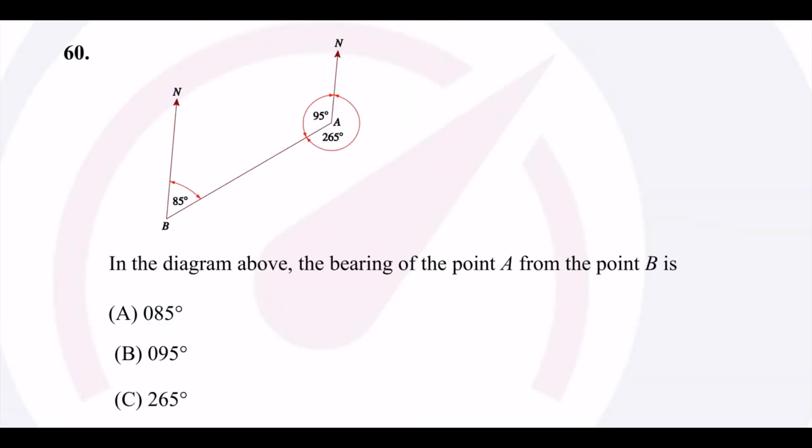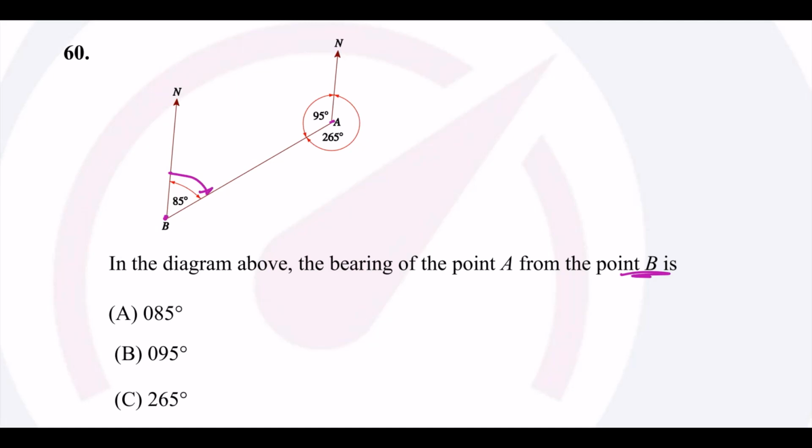Alright, our last question. In the diagram above, the bearing of the point A from the point B is, now we know that anything that comes after "from" is where you're measuring from, so that's our starting point. So the bearing of A, which is here, from B. So we're going, oh look, 0, 8, 5.